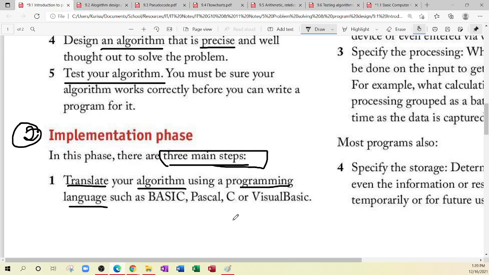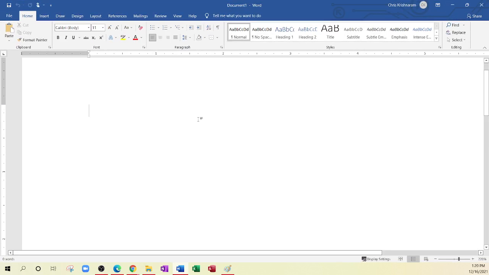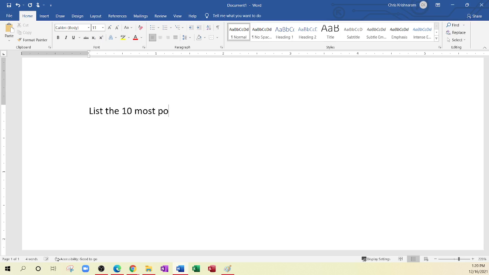Homework for you guys. List the 10 most popular programming languages.